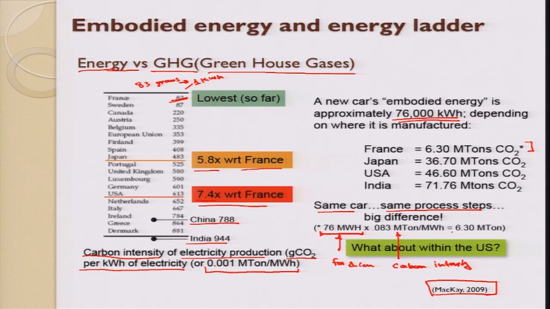That is 6.3 megaton of carbon dioxide produced to manufacture one car in France, and in Japan it is 36, in the US it is 46, in India it is 71, a large number.